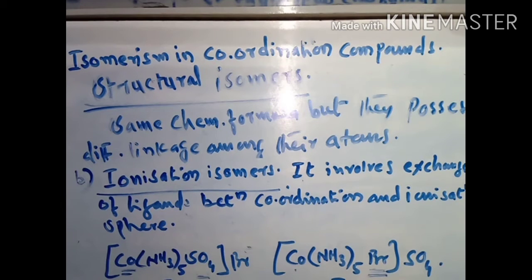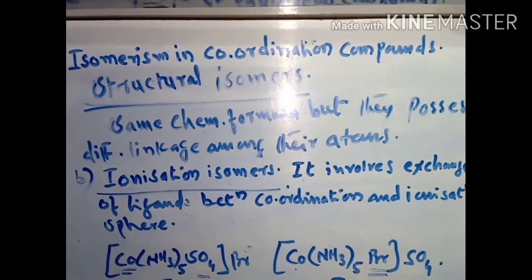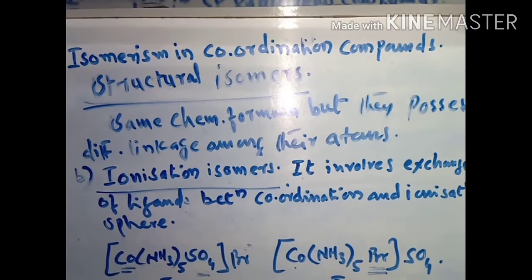Now you can say that in compound 2, the anion Br is in the coordination sphere. So these complexes in solution ionize to give different ions. If you ionize both of these, they give different ions in solution. How? So we can write or ionize these two complexes like this.